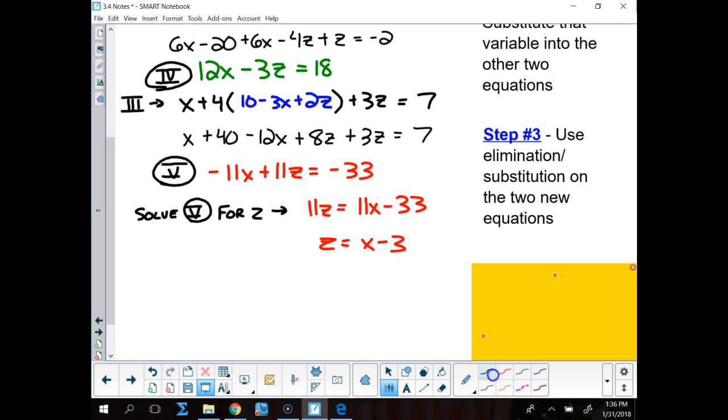Yes? So now I can put that into 12x minus 3 times x minus 3, and that's got to equal 18.